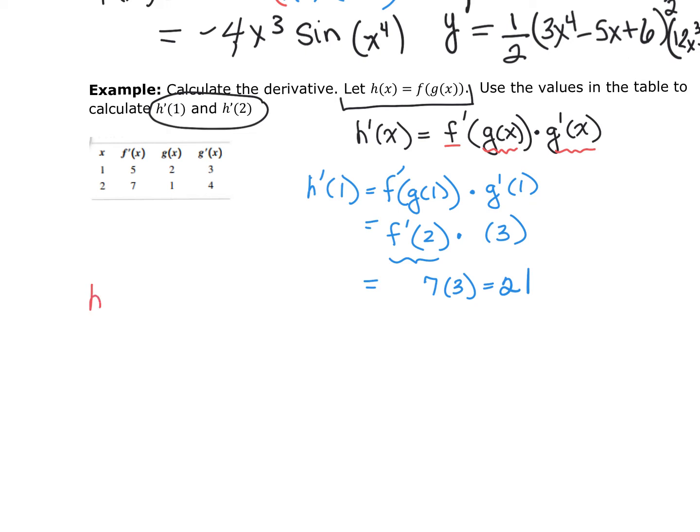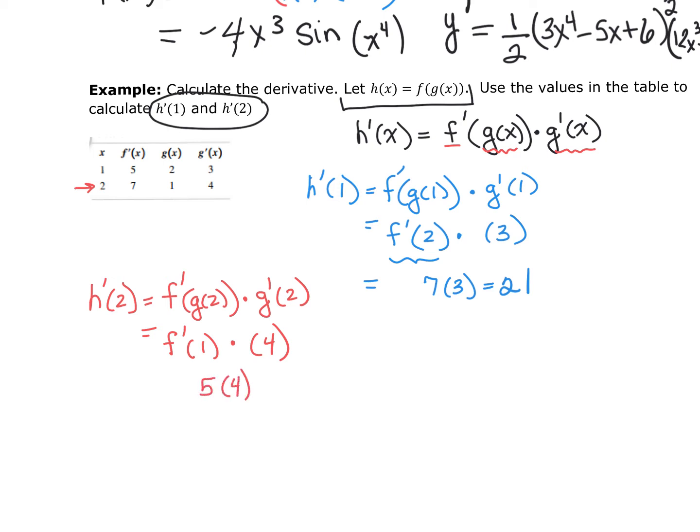Similarly, if I want h prime at 2, that's f prime of g of 2 times g prime of 2, and we're going to look here. g of 2 is 1, g prime of 2 is 4, and f prime of 1 is 5. So we'll get 5 times 4, or 20.